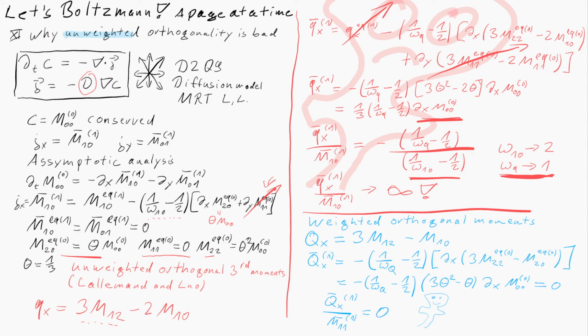So if you use weighted orthogonal moments instead of unweighted orthogonal moments, we have the freedom to put omega q equal to 1 without blowing up our ghost moments. And this, of course, makes life much more stable and will help us running simulations with this kind of model in a more stable fashion.